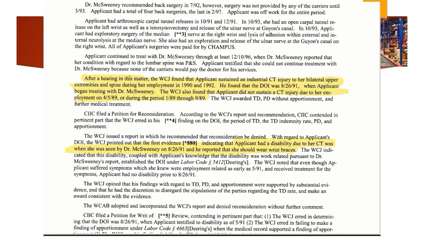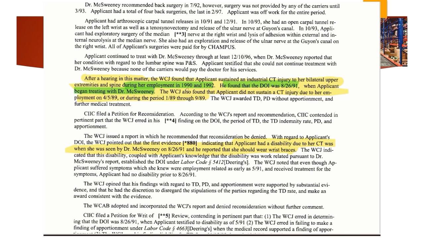So after hearing in this matter, the work comp judge found that applicant sustained an industrial CT injury to her upper extremities during her employment in 1991 and 1992. He found that the date of injury was 8/26/91, which was when the applicant began treating with Dr. McSweeney. Very interesting, because we know that she began treating even earlier. She began treating in May. But here, the workers' compensation judge felt that this treatment with Dr. McSweeney established the date of injury.